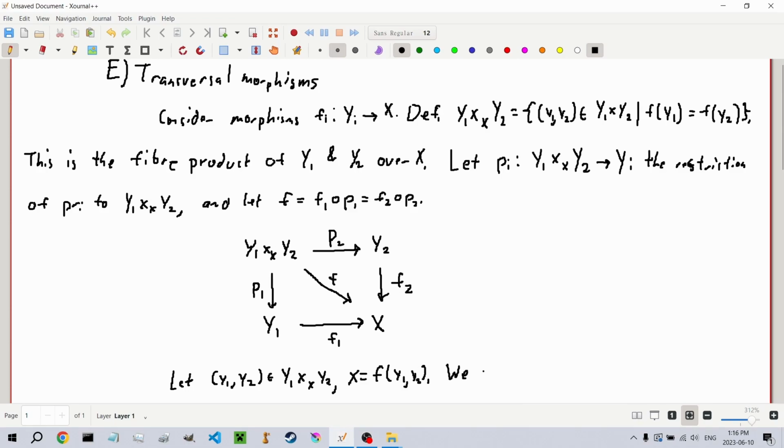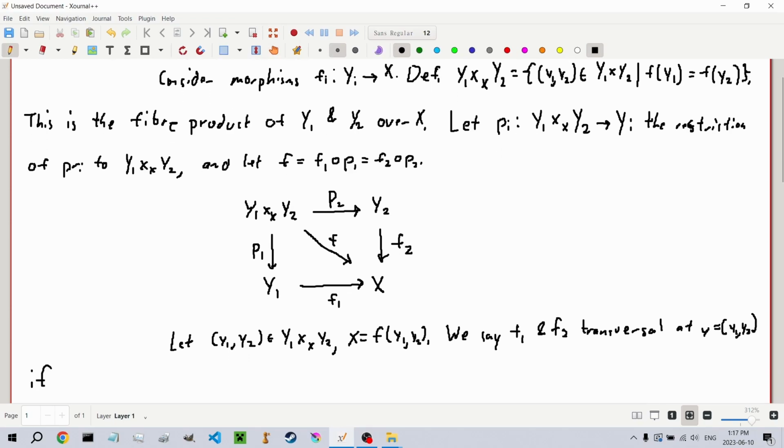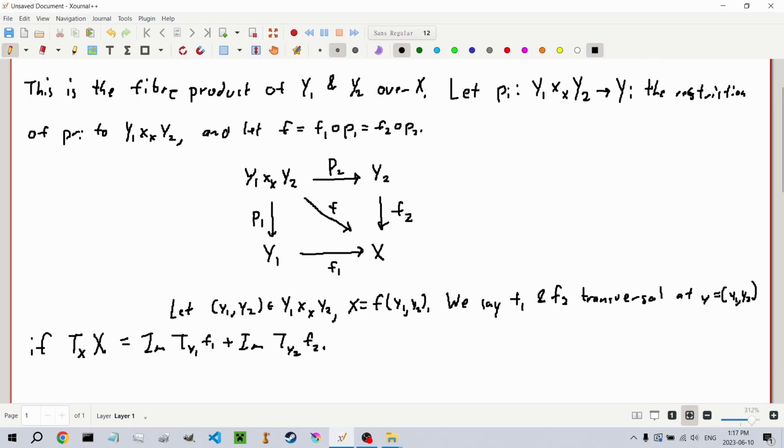We say that f1 and f2 are transversal at y, being of course (y1, y2), if the tangent space at x of X is equal to the image of the tangent space of y1 under f1 plus the same for the other. This brings us to a theorem.